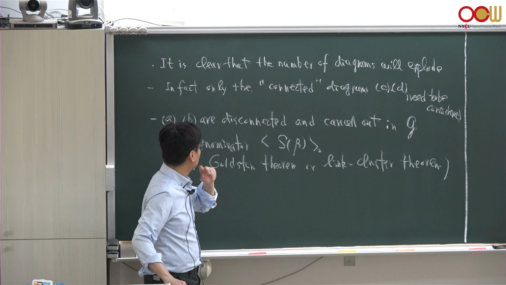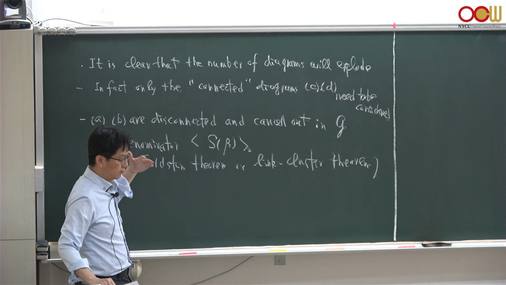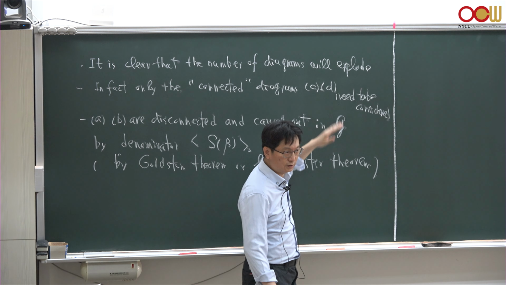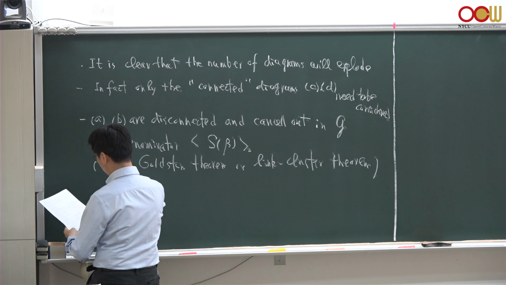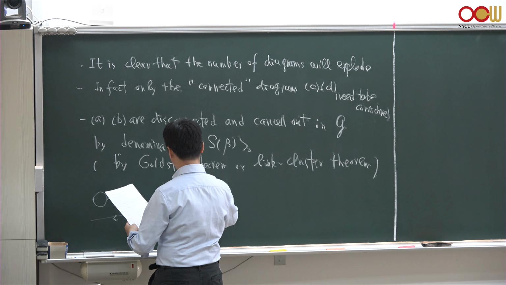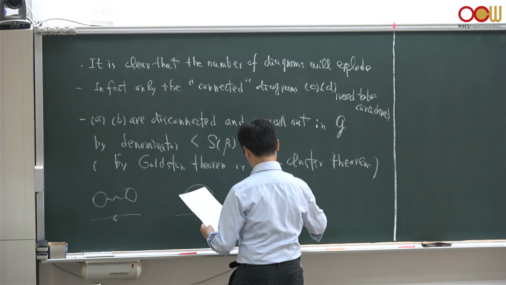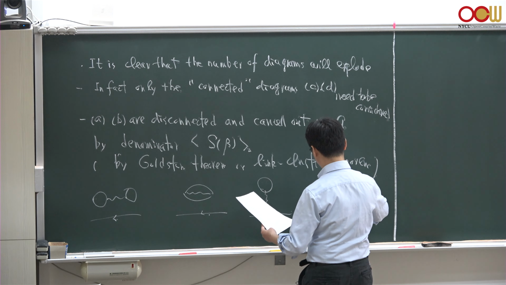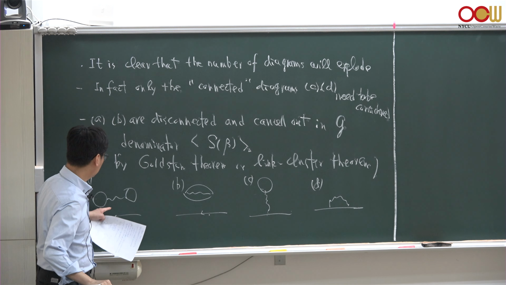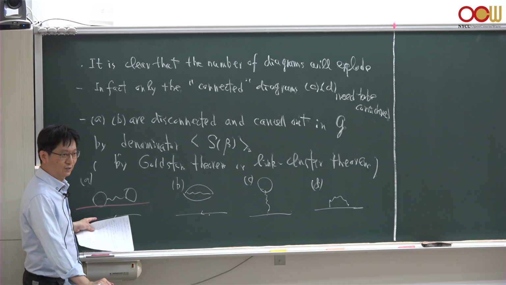Fortunately, there is a theorem called the Goldstone theorem or the linked cluster theorem that I mentioned previously that saved our life, because we only need to consider the connected diagrams, which are C and D in our previous figure. Remember: the first one, A, something like this, and B, this, and C, a balloon attached to the ground, and a self-energy like D. A and B are disconnected because you could separate these sub-diagrams by cutting a line through the whole diagram.